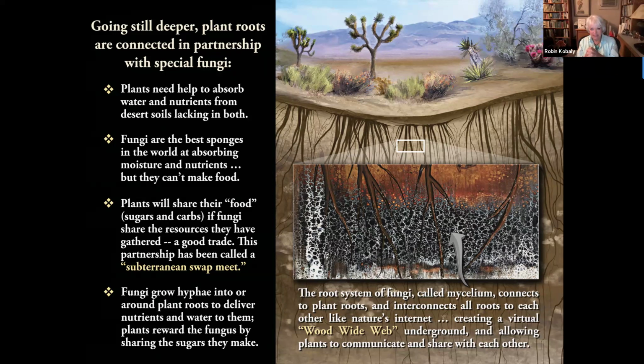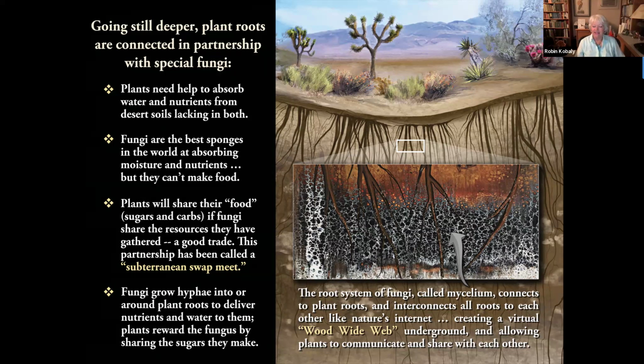So there has been this relationship for many hundreds of thousands of years of fungi either growing inside of plant roots or wrapping around plant roots and supplying more nutrients and water to the plant in exchange for the plant giving up some of its sugars for the fungus. So this subterranean trade has been called a subterranean swap meet, and that's pretty much what's happening underground.